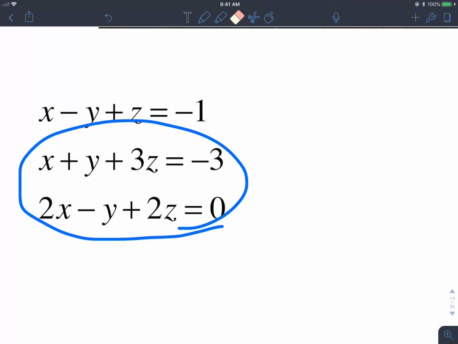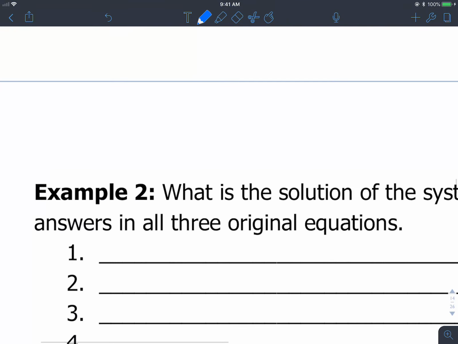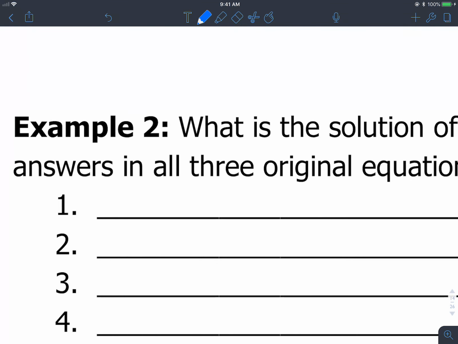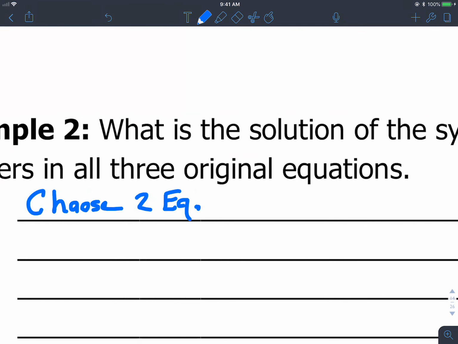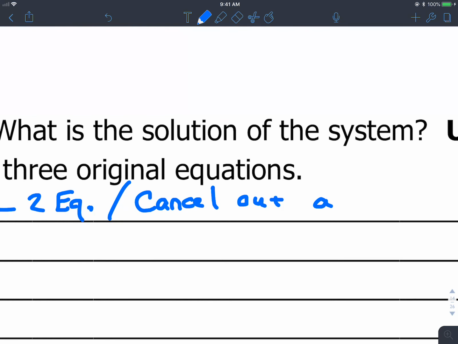All right, so we're going to write that out here for our steps. So for step 1, say choose 2 equations. I'm going to abbreviate here a little bit, and then I want you to cancel out a variable.